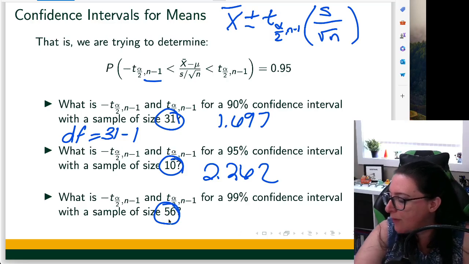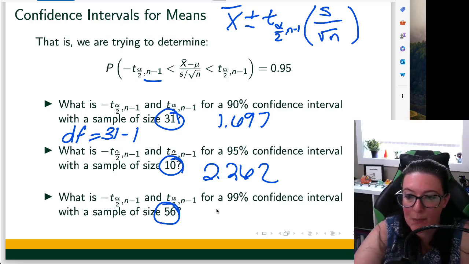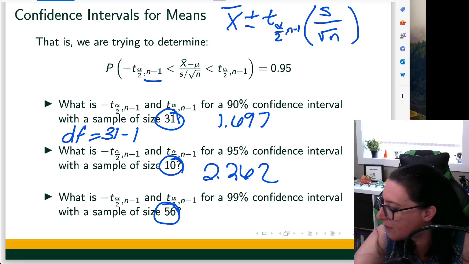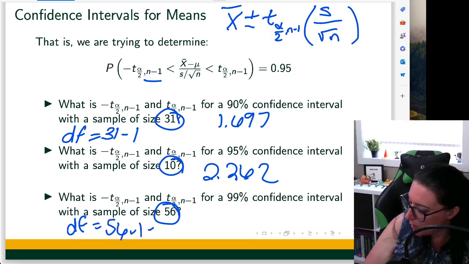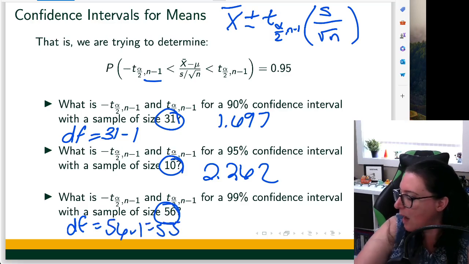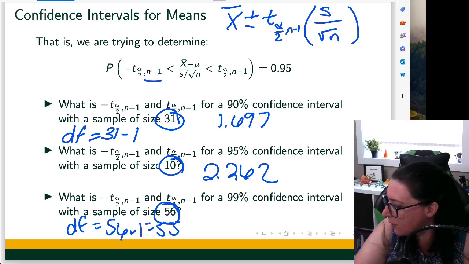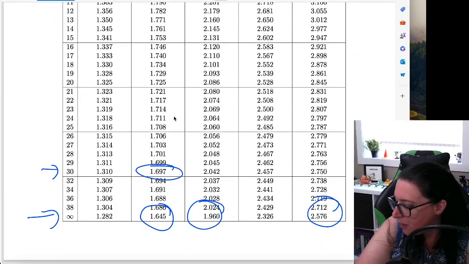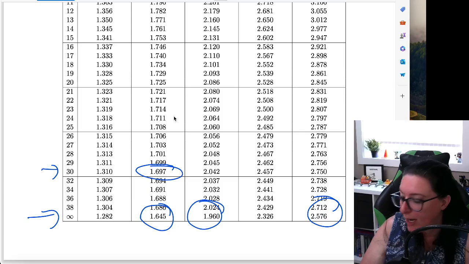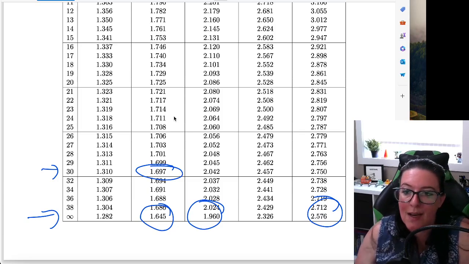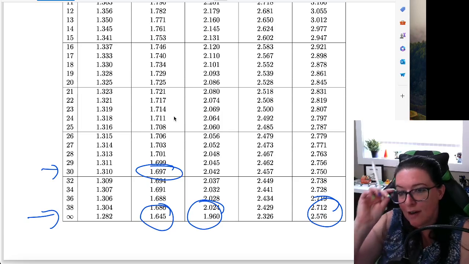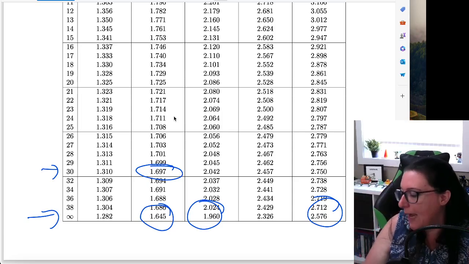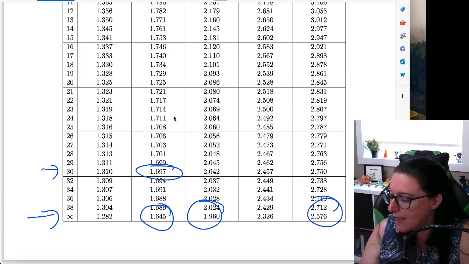Okay. If we have a sample size of 56 and we want a 99% confidence interval, degrees of freedom, 56 minus 1 is 55. Now, notice there's no 55. The bigger we get, in a lot of these t-distribution charts, after 30, they just go to the z-scores. This one goes to kind of 38 and then goes that way, so a little bit more precise in that interim.